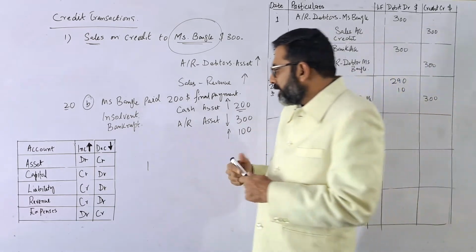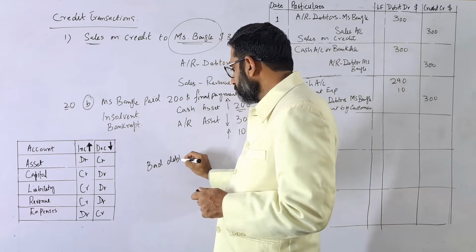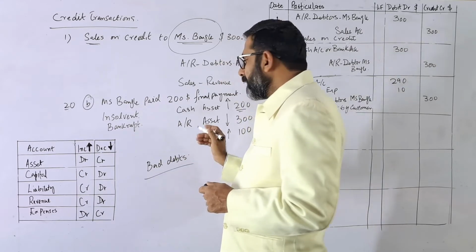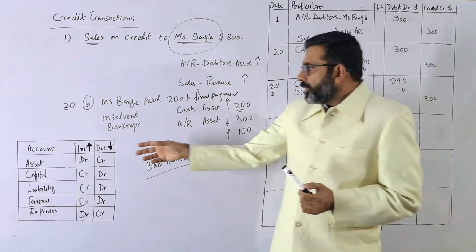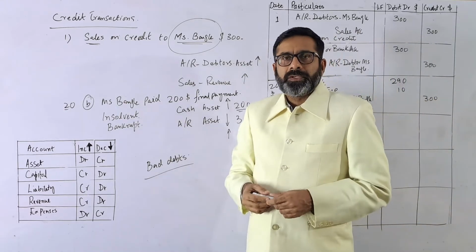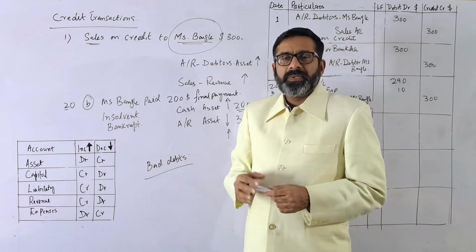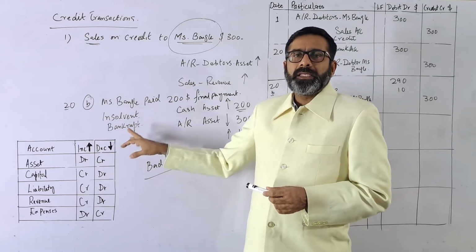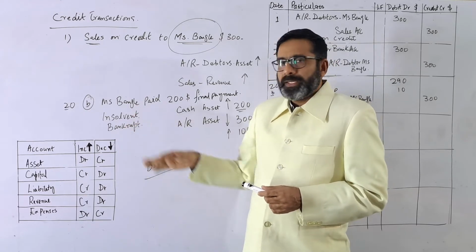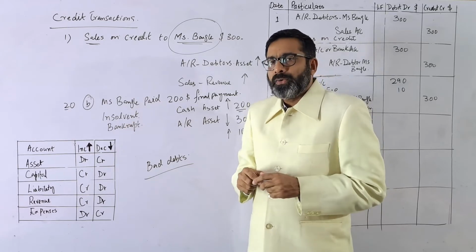So it means you will receive only $200, and $100 is the loss for you. And this is called bad debts. There's a possibility sometimes that your customer is insolvent. Insolvent means that due to the losses the business is closed, and he or she has been declared bankrupt or insolvent by the court. So now you cannot receive any extra amount from that person.